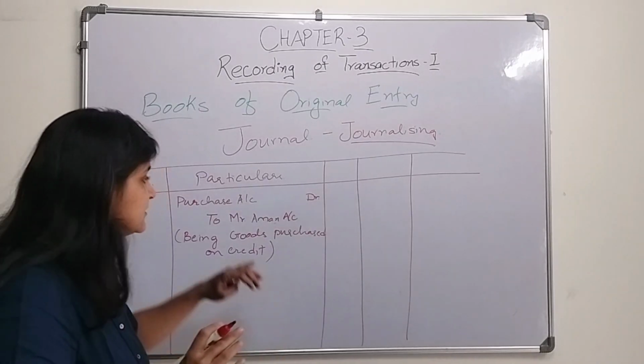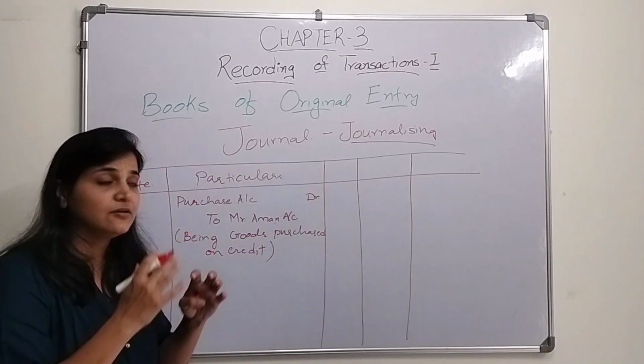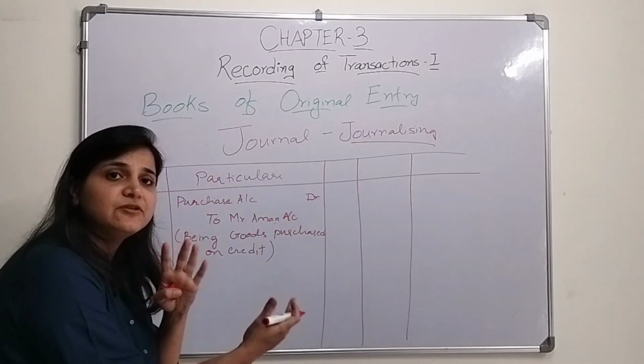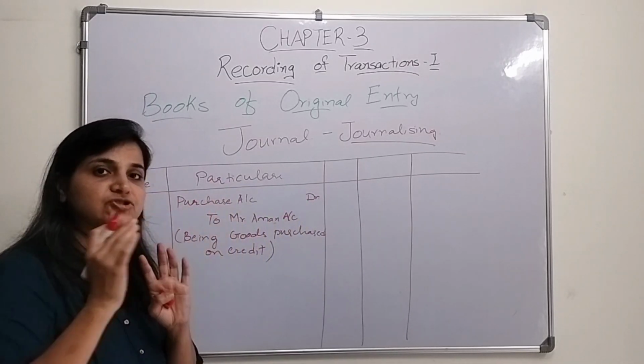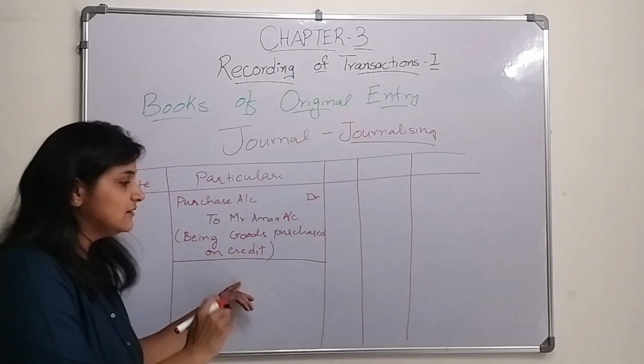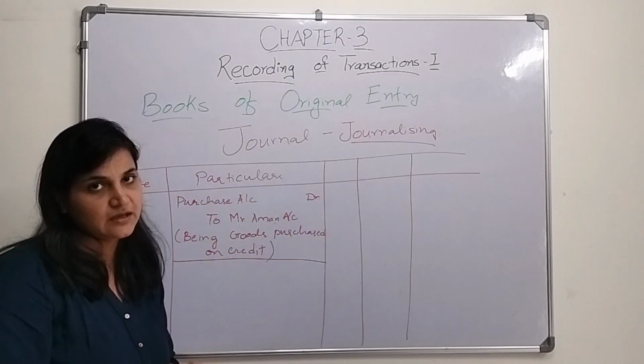Being goods purchased, this is an explanation that we give of what happens in this transaction. We purchased the goods on credit, and then we draw a line which means that this transaction is completed.